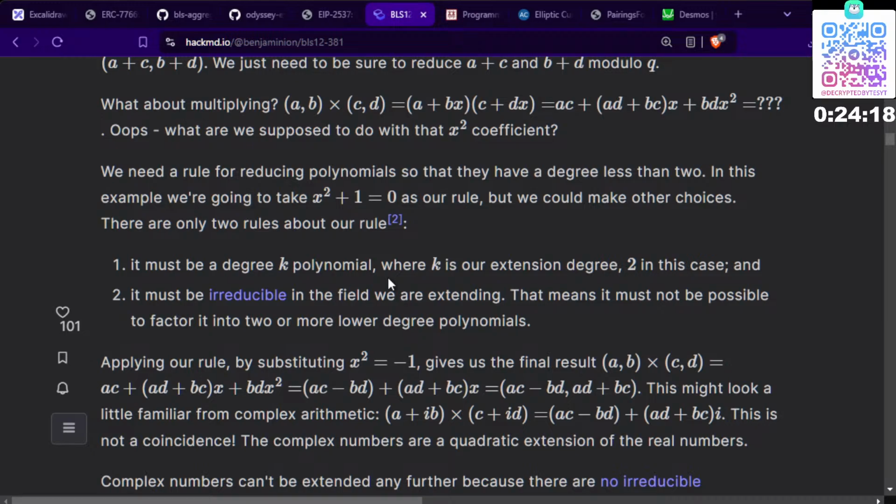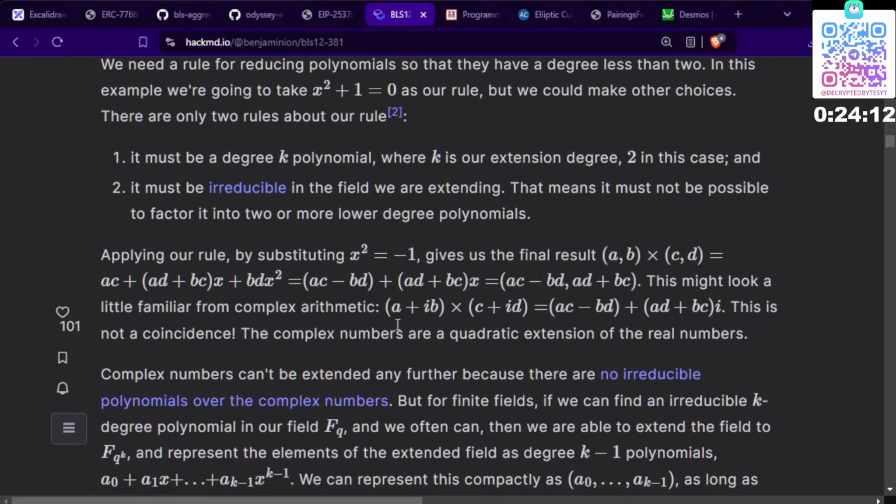There are only two requirements for that rule. It must be a degree k polynomial, where k is our extension degree, 2 in this case, and it must be irreducible in the field we are extending. That means it must not be possible to factor it into two or more lower degree polynomials.